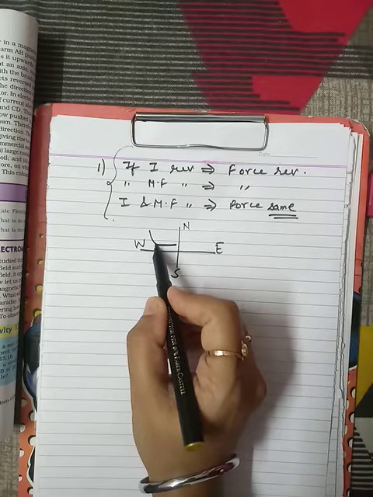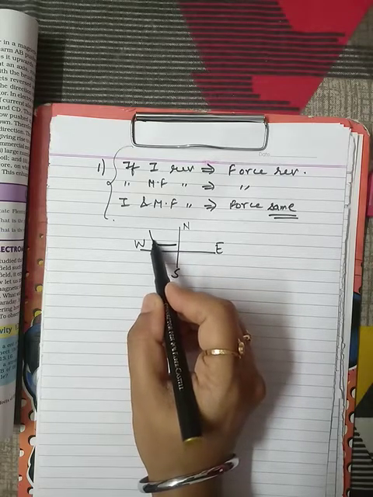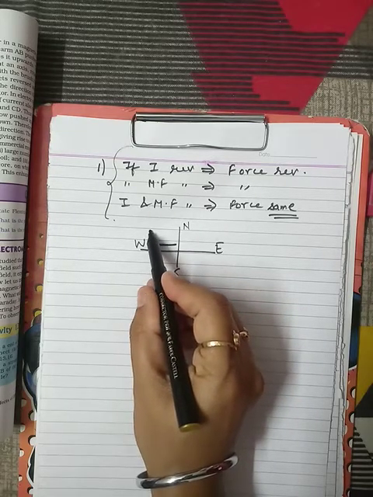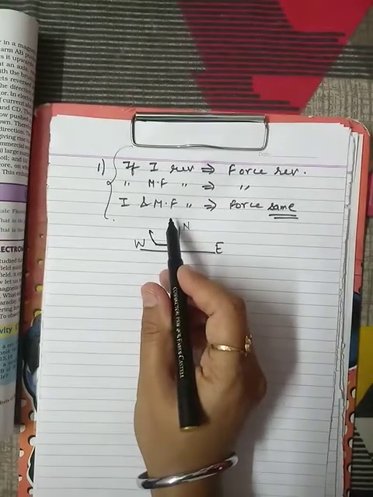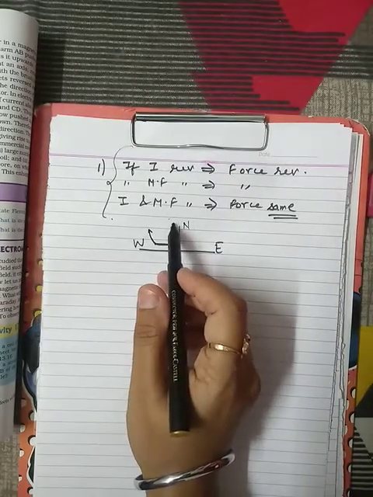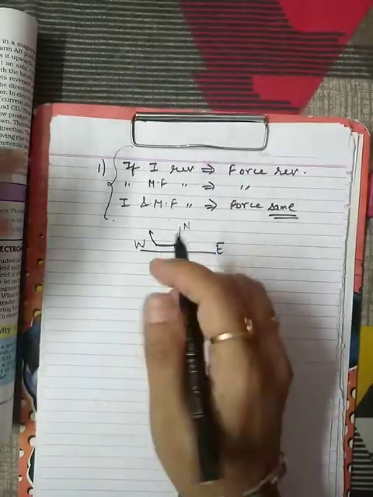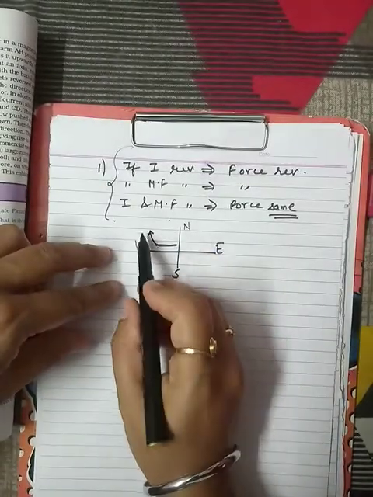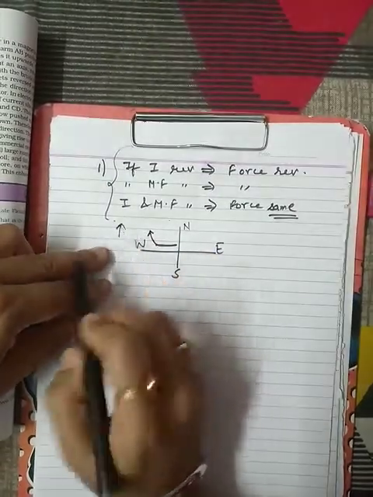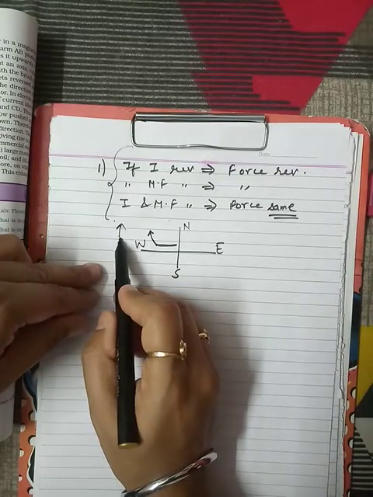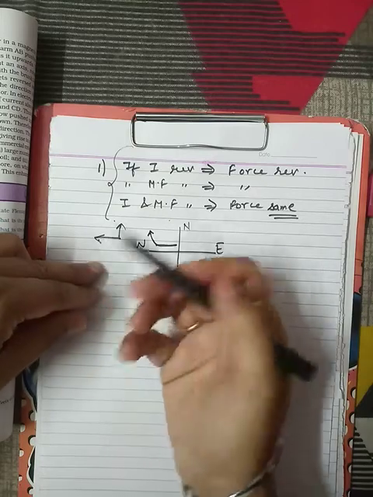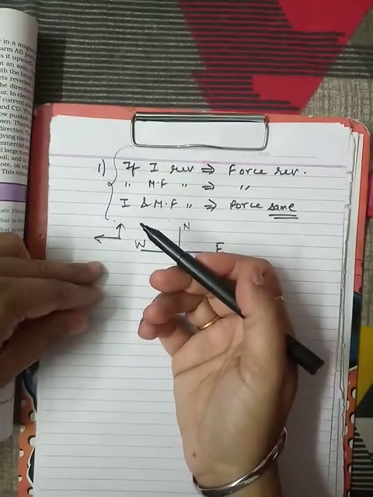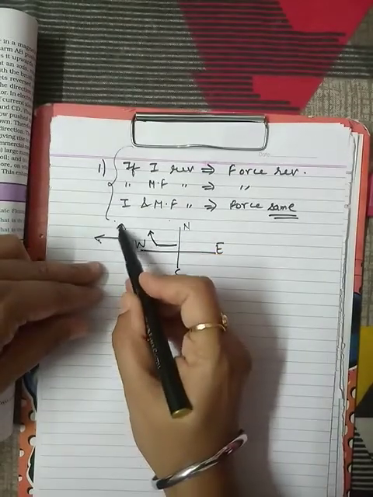It is projected towards this direction, and then because of magnetic field, force is applied and it is moving in this northward direction. What is the direction of magnetic field? Magnetic field direction I want to know. So force is in this direction and movement is in this direction. Two directions are given. We want to know the direction of magnetic field. So what is this direction? North.